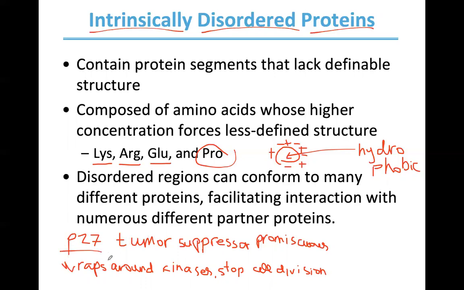In fact, many cancer cells try to produce less of this P27 tumor suppressor protein. All right, because obviously they don't want it. They want to divide, right? They change their genetic machinery so that the P27 is produced in small amounts, is not expressed as much as in normal cells.